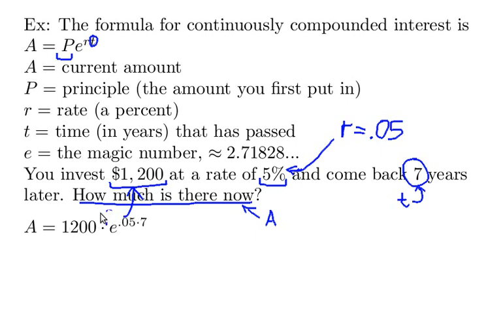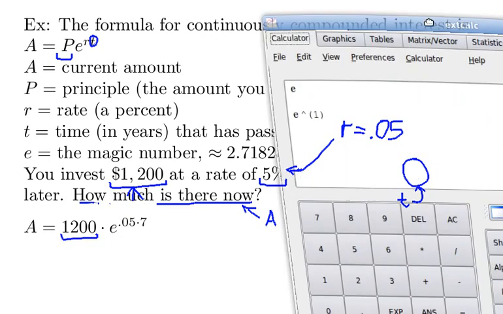Okay, so let's clear this out of the way. So 1200 is P. E is the magic number to the power of 0.05. 0.05 is the rate times 7, 7 years. So let's go ahead and plug this into the calculator.